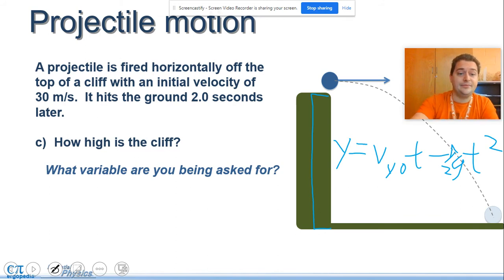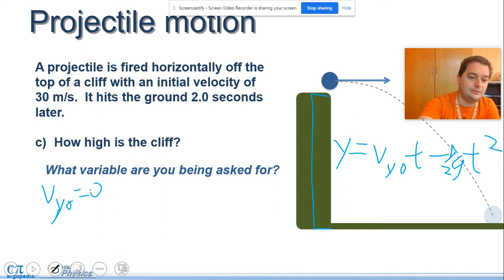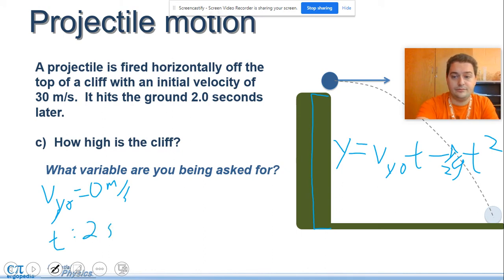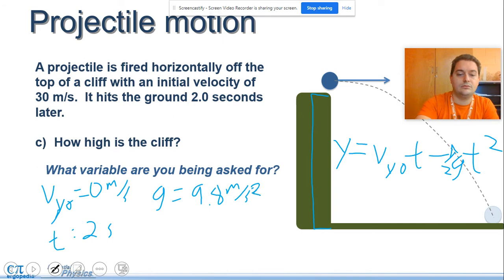Initial y velocity is 0. We came up with that previously. Our time, it tells you how long it's in the air. 2 seconds. Do we know g? Now remember, if we're using the subtraction, g is just 9.8. There you go. We have all of our variables.